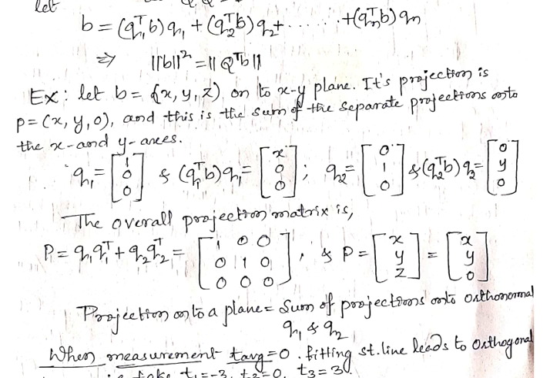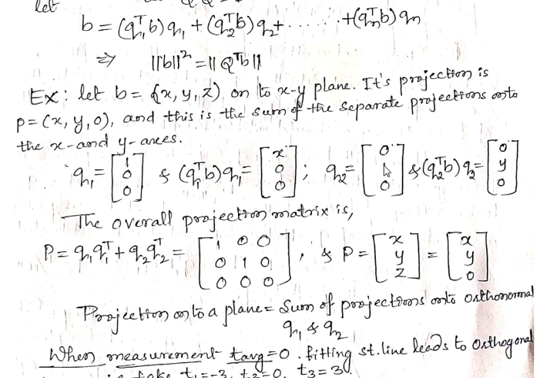Here we can check this multiplication. Q1 transpose is nothing but a row matrix, and this Q1 transpose is multiplied with this B, and then when it is again multiplied with Q1, we are going to get this matrix.